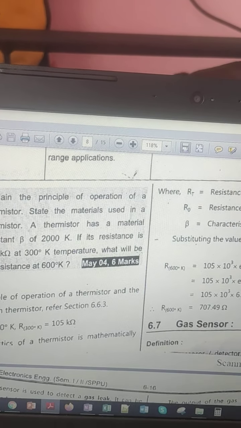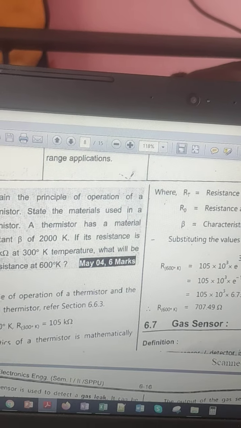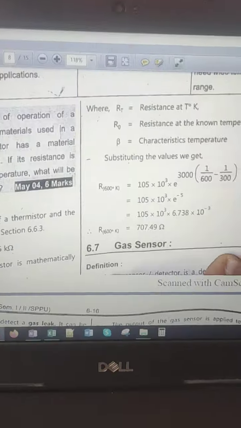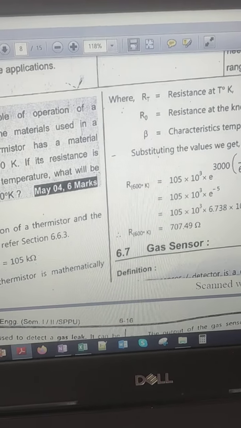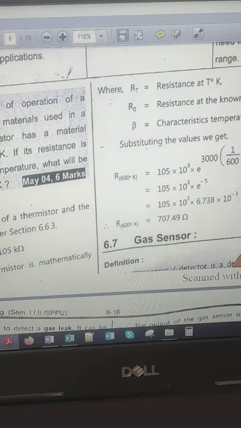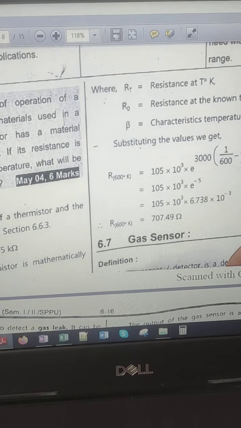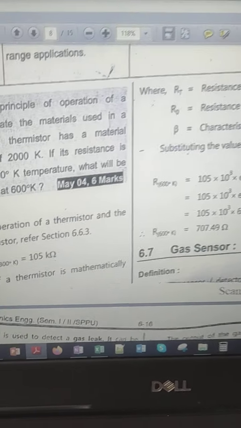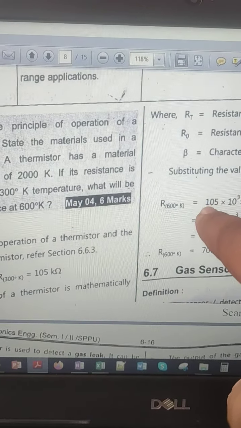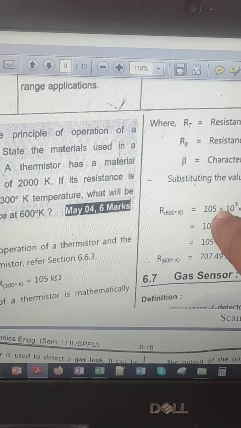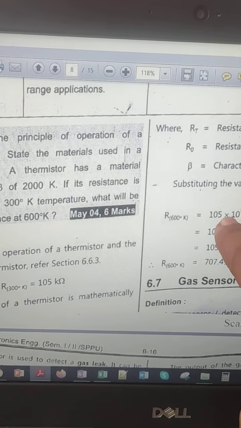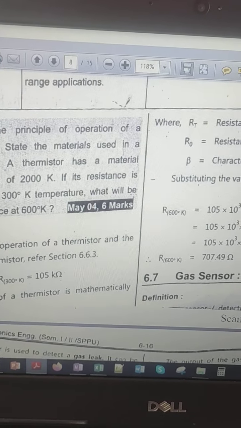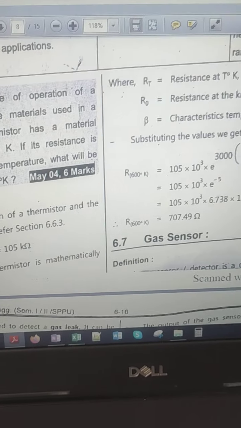If the resistance is 105 kilo ohm at 300 Kelvin, what will be the resistance at 600 Kelvin? Here the formula is RT equal to R0 e raised to beta into (1/T minus 1/T0). We are given the values, so we just put in the values and find the resistance at the changed temperature.